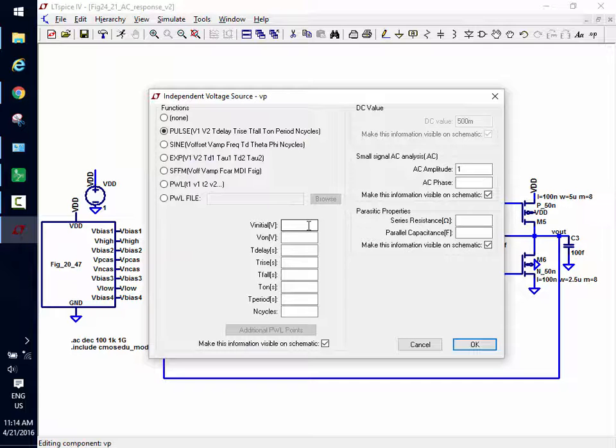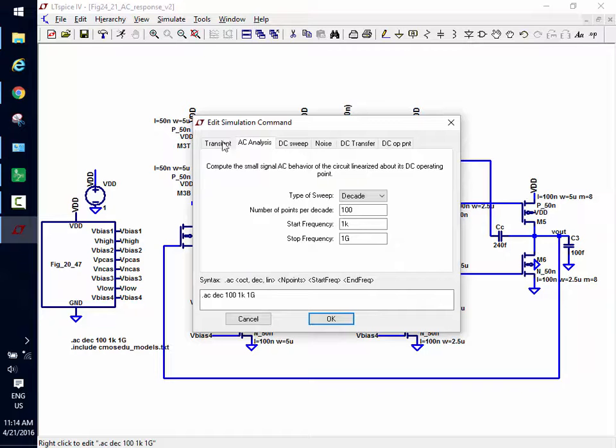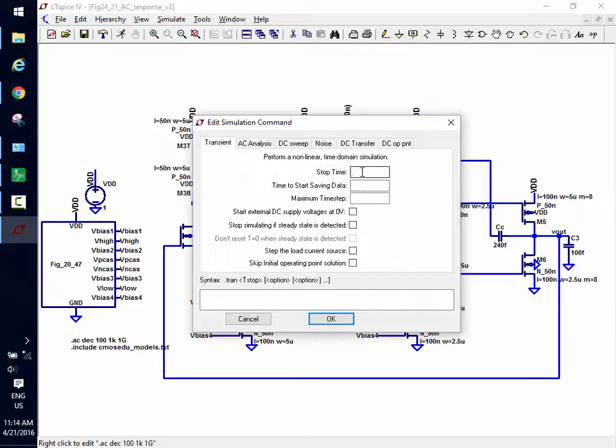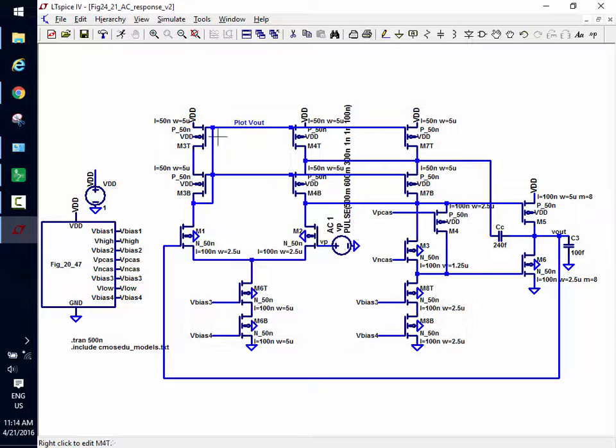We can't go any lower than say 500, so let's start at 500 milli. Let's go to 600 milli. Let's have a delay of 300 nano, rise time 1 nano, fall time 1 nano, on time 100 nano. Hit OK. Change the simulation to a transient for, how about 500 nano? Hit OK. I think that's enough time to let the bias circuit start up.